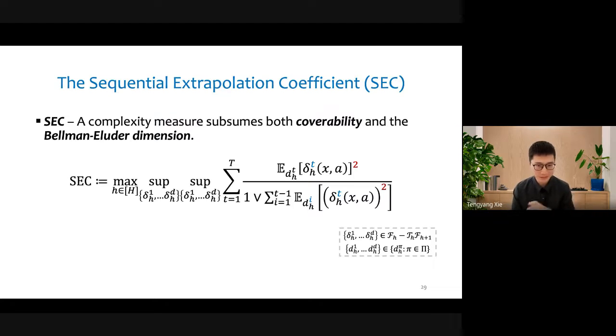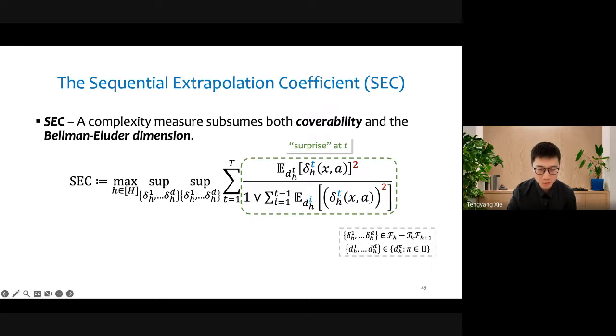The definition is here, which is a little complicated, but the main idea is we use the ratio between the on-policy error and in-sample error as the surprise at time step t, and we assume the total surprise over t from 1 to capital T cannot be very large.